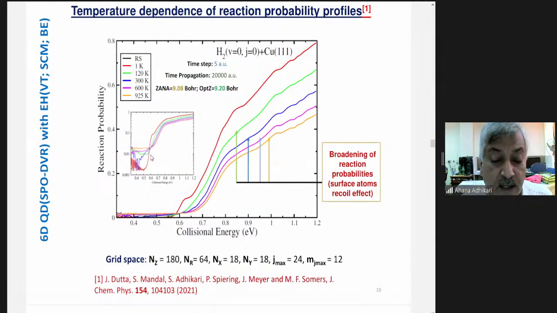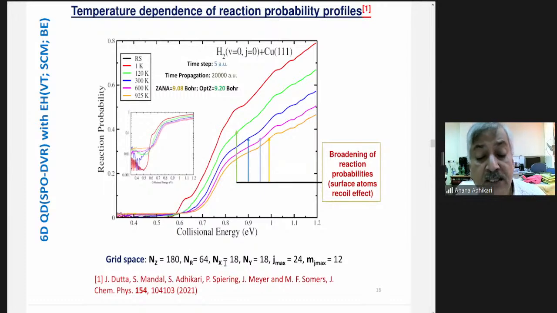Okay, and I will show you the experimental justification, and you can understand the Hilbert space I need to consider, that is 180 for the Z coordinate. That means the vertical coordinate, the molecule coming onto the surface, and this is the diatomic two-atom hydrogen distance. For that you need this many grids.